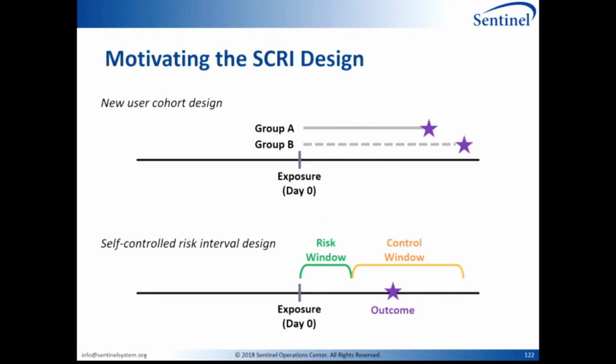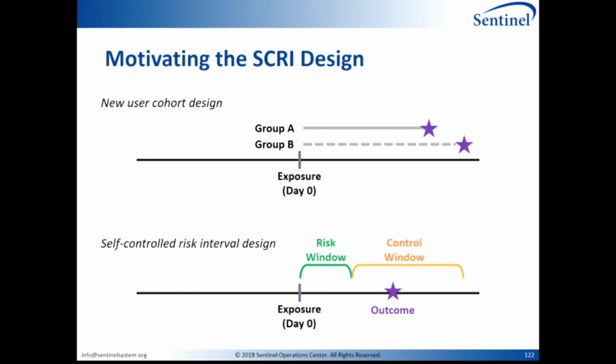So just to embed this difference in your mind, these 2 diagrams kind of differentiate the new user cohort design described by Jane, that's used by the PSM tool, or the PS analysis tool. In the new user cohort design, there are 2 exposure groups, here Group A and Group B, and they're followed from exposure initiation until the outcome of interest, denoted by the star here, or loss to follow-up.